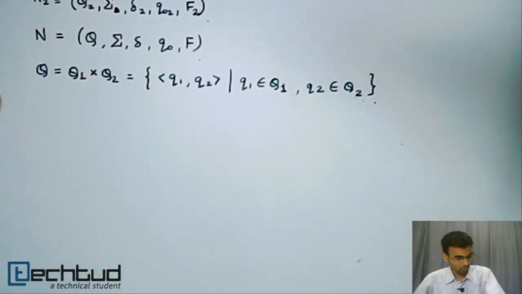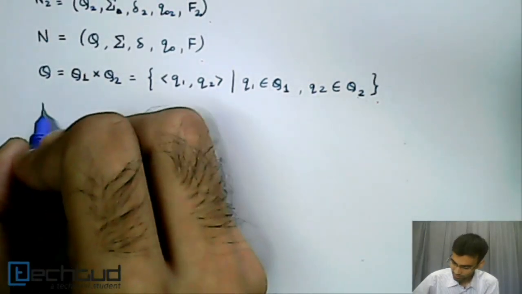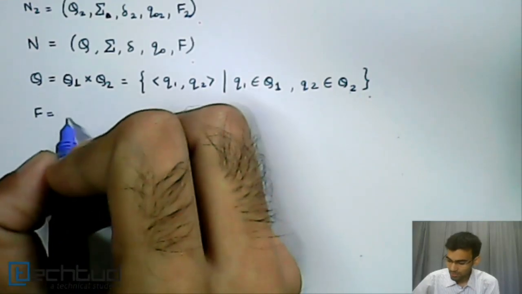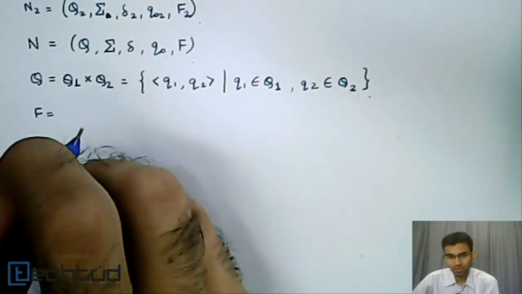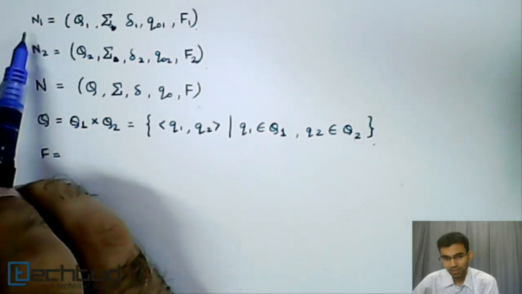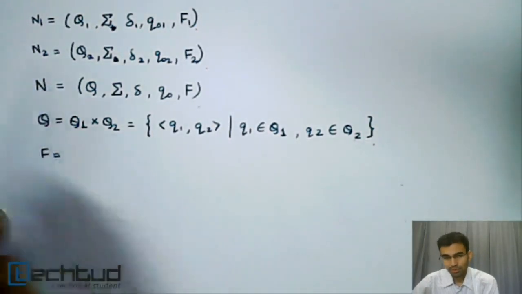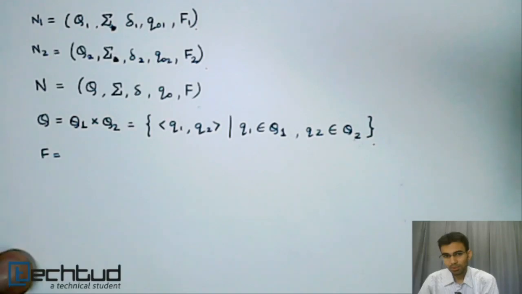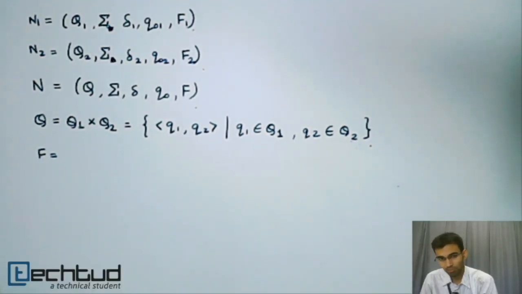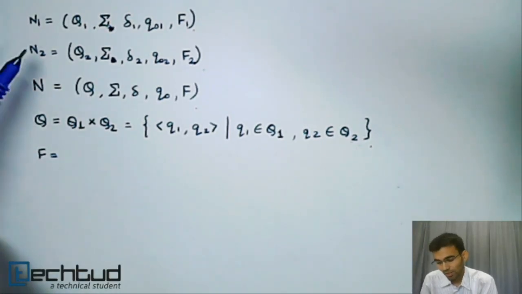Alright, now what will be your final states? The set of final states will be the set in which you are in both a final state in N1 and a final state in N2. Let me repeat that. The purpose of N is to accept those strings that are accepted by both N1 and N2. So if a string is accepted by N1 but not by N2, we should not accept it.